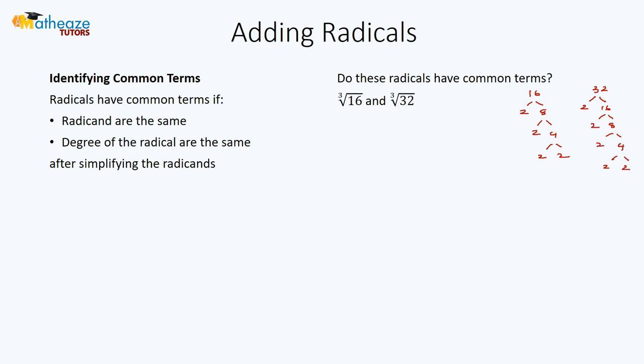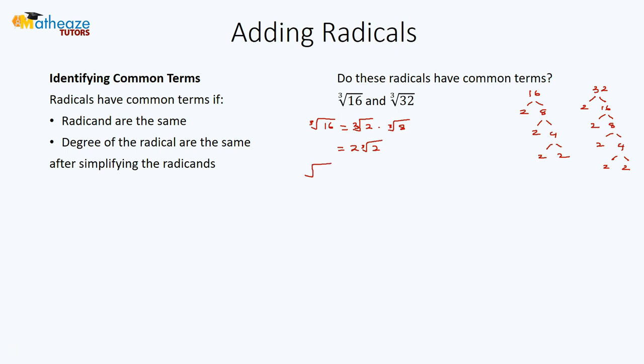So the cube root of 16 is going to be the cube root of 2 multiplied by the cube root of 8, which is going to give us 2 and then cube root of 2.